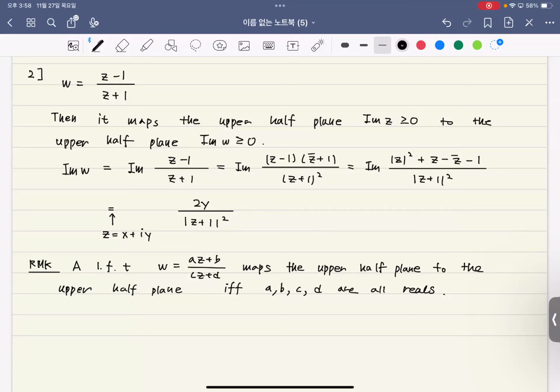The last one is a linear fractional transformation which maps the unit circle to the unit circle. Obviously the identity transformation always satisfies the condition, but we are still trying to find a non-identity linear fractional transformation which maps the unit circle to the unit circle.